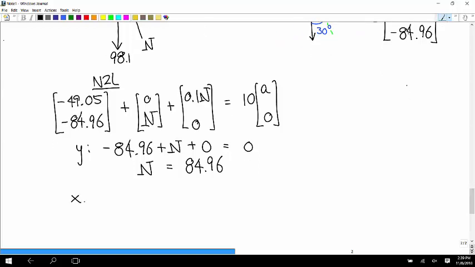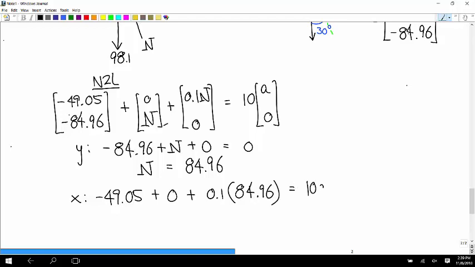And then plug that into the x equation, and it says negative 49.05 plus 0 plus 0.1 times 84.96 is equal to 10a.